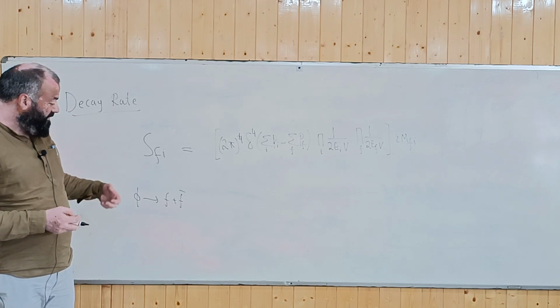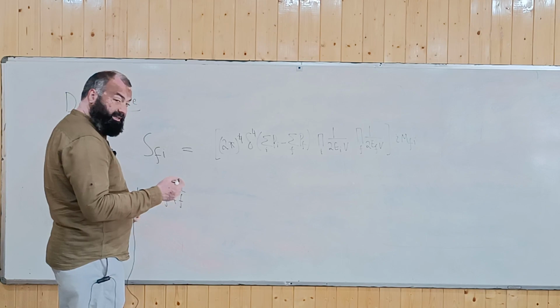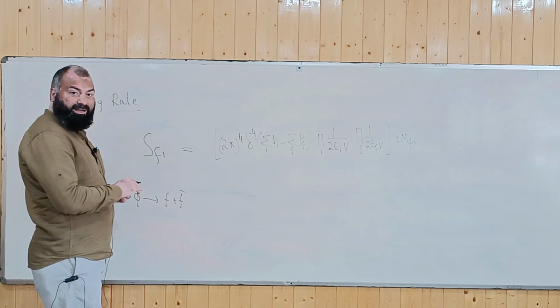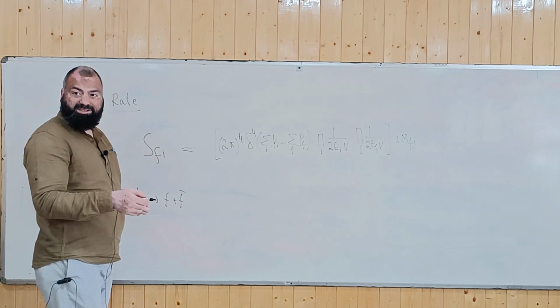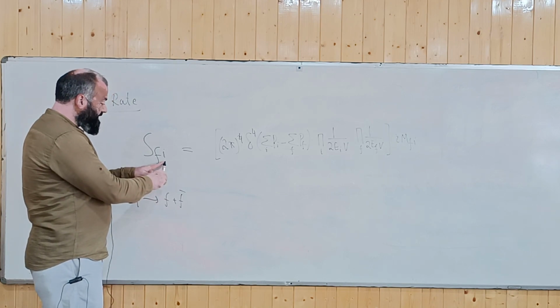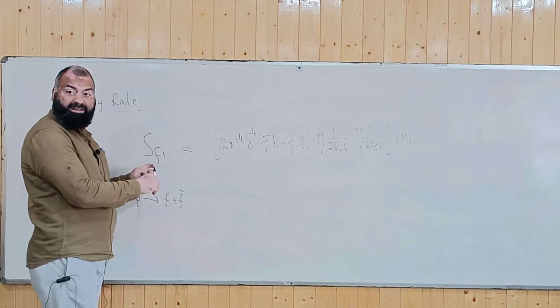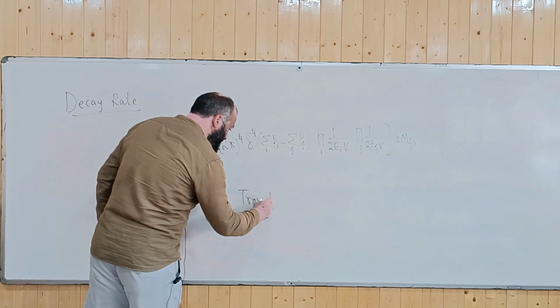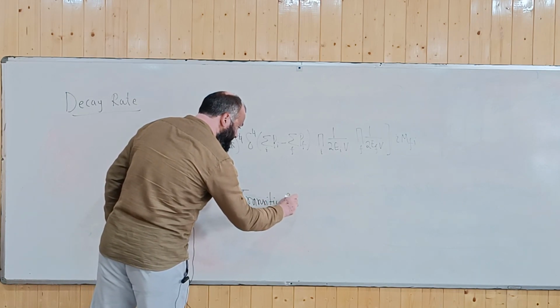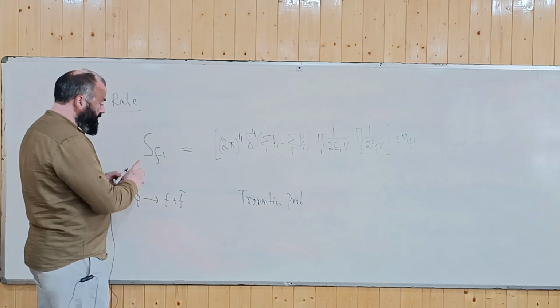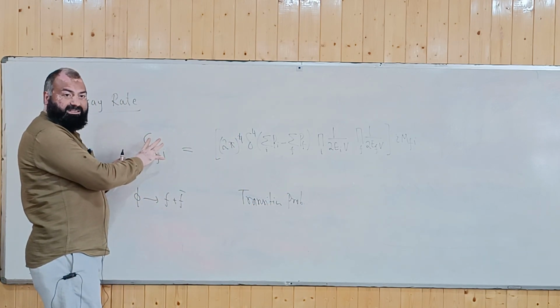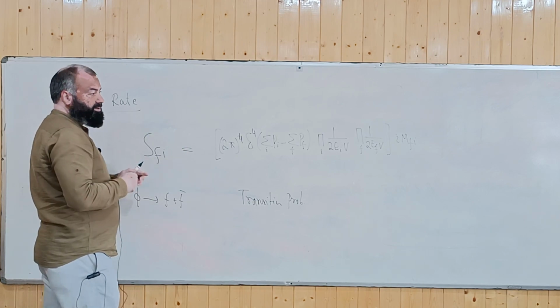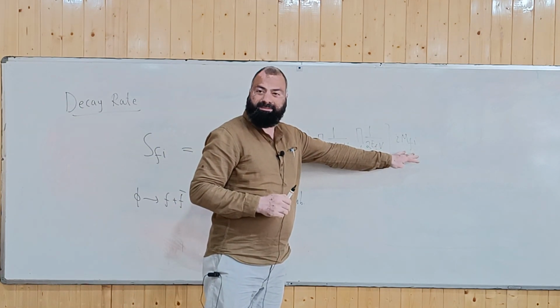Now let's calculate the transition amplitude. I know the scattering matrix element. What is the transition probability such that the particle makes a transition from state I to state F? This scattering matrix element represents the transition amplitude, and it is proportional to this Feynman amplitude.